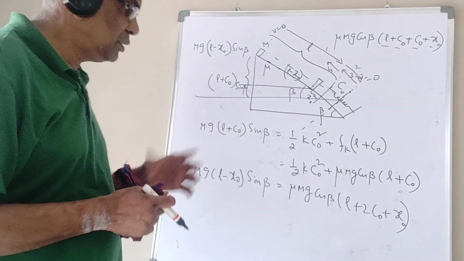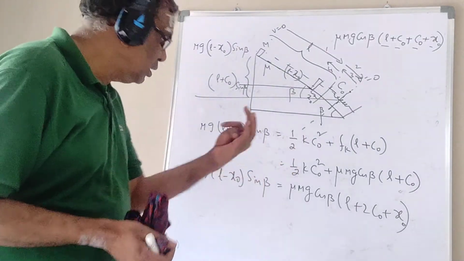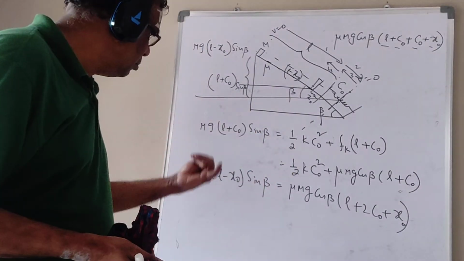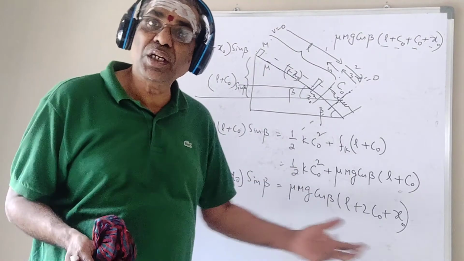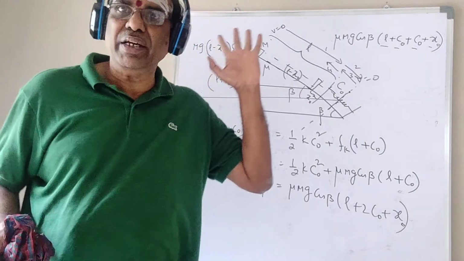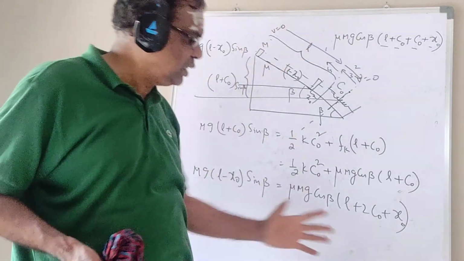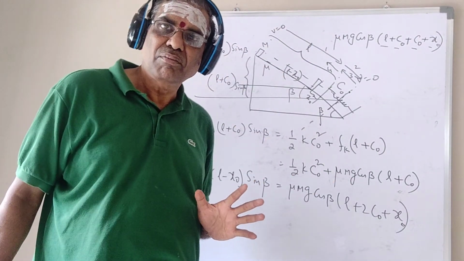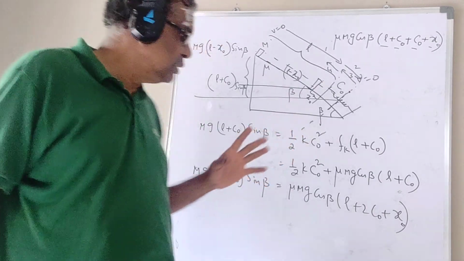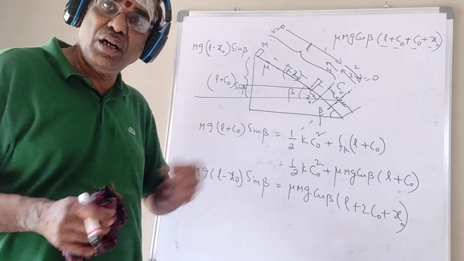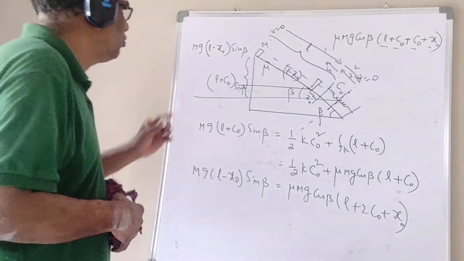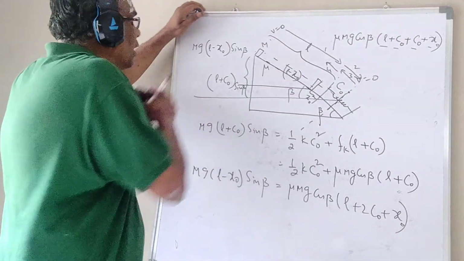Now again, C naught, X naught, L, M, beta, that's it. 5 variables, 2 equations. So they'll give you 3 variables. Let them give anything, you can find out. You understood the point here? That is how you have to work on the model. Here I have got involved both the things. Okay? Fine. Is this clear?